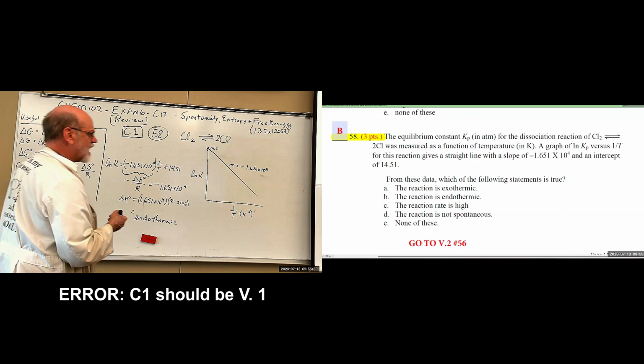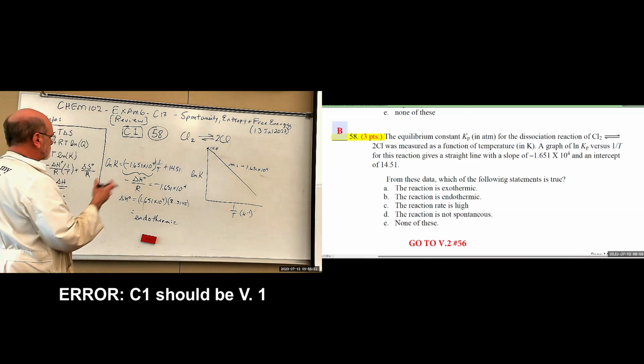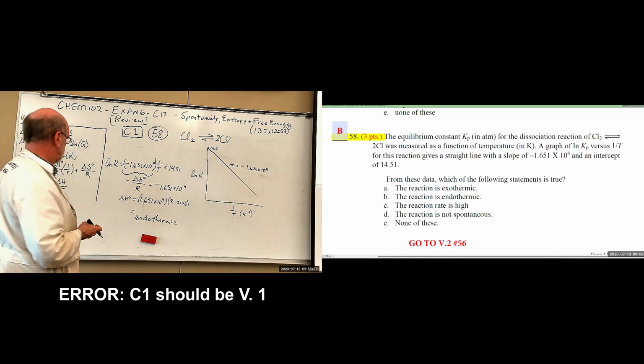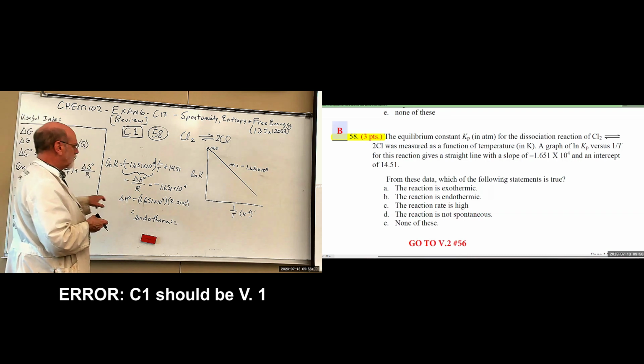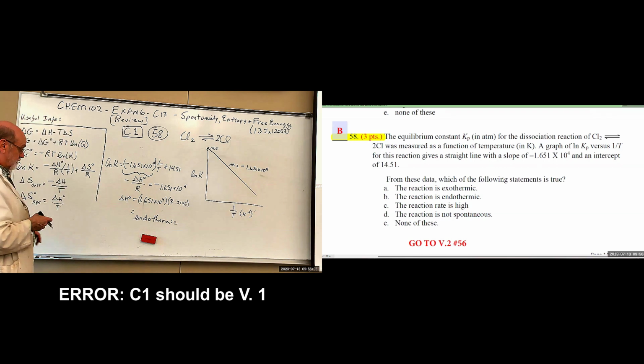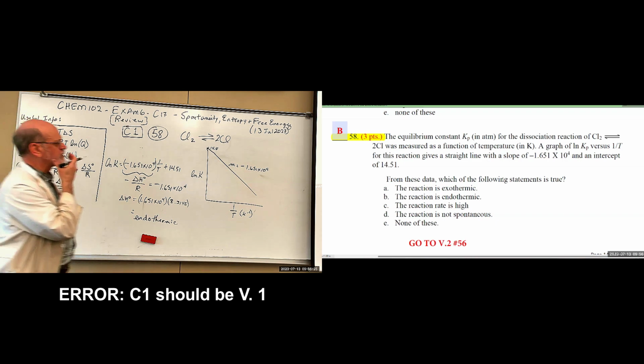Now, D, the reaction is not spontaneous. We can't tell that from the data because we only have access to delta H. We don't have any indication of entropy or free energy. If we had some way to solve for free energy, then we could do that one. At what temperature?